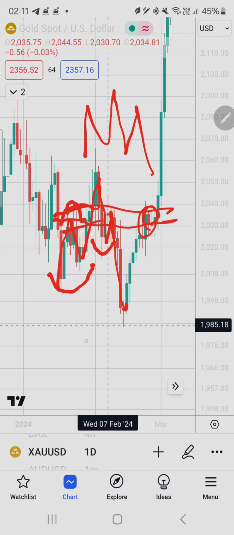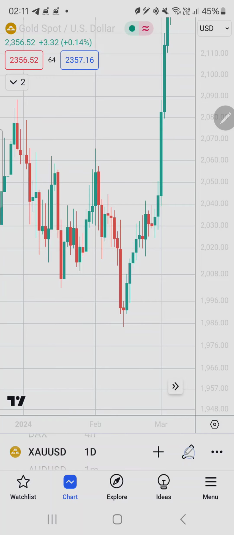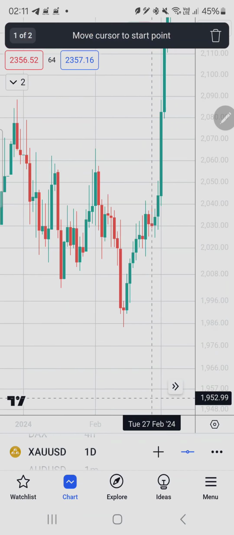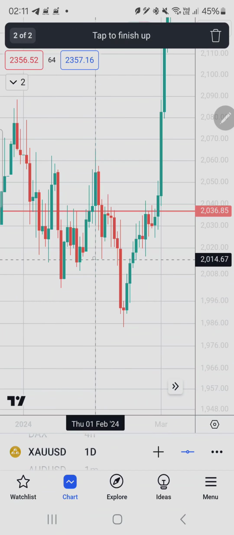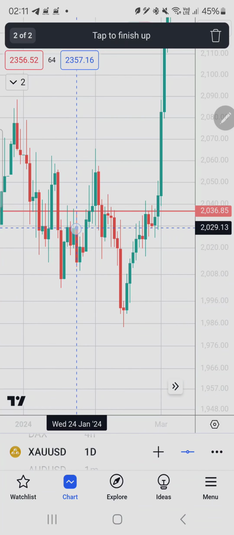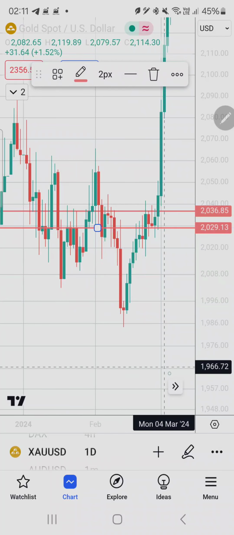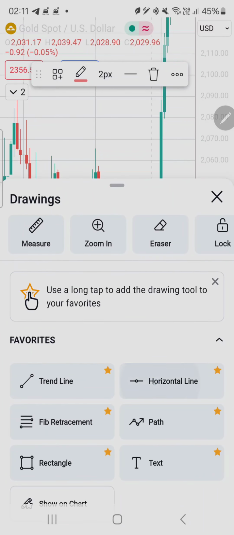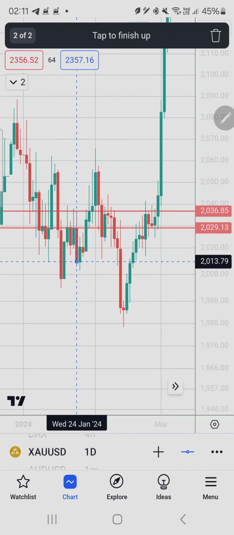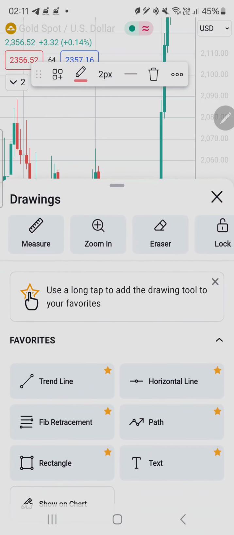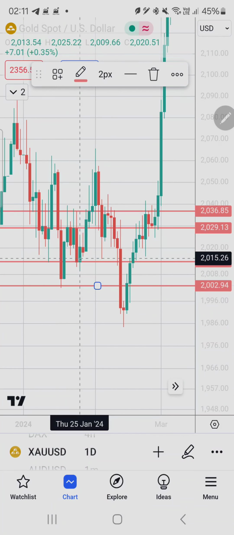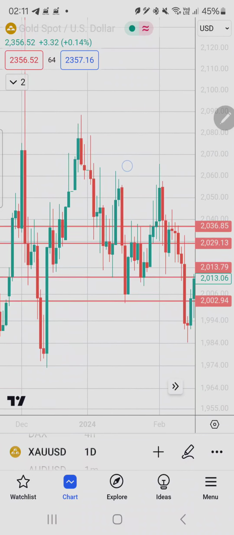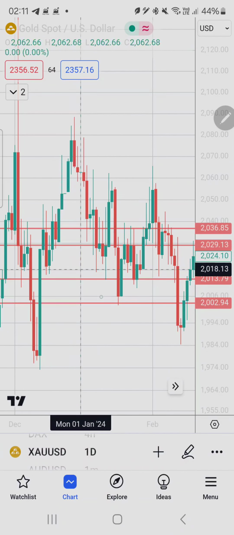Now we go and mark it. You will see what's happening in the future, how the market retraced these areas. We can do it like this, and we had a little over on the downside. So I'll mark this shoulder. I'll make it a bigger zone so that I know I'm not going to take multiple buys here. Now if I go up, I see a shoulder.